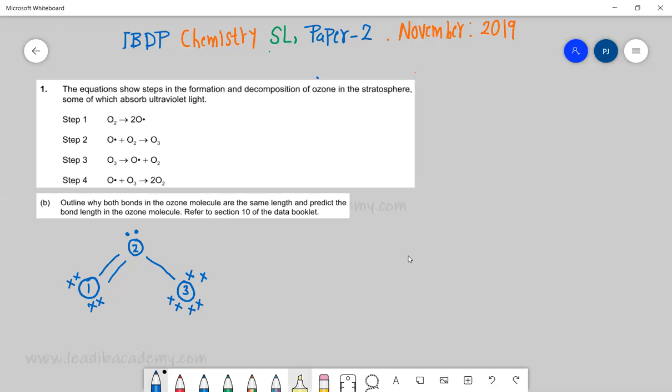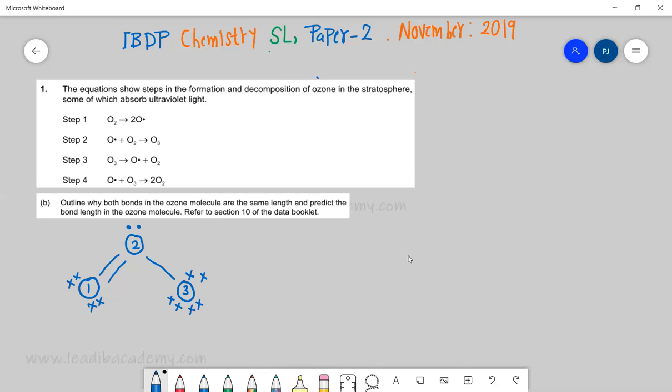Let me make it a little bit bigger. So in this structure, the double bond is between oxygen 1 and 2, while there is a single bond between 2 and 3.